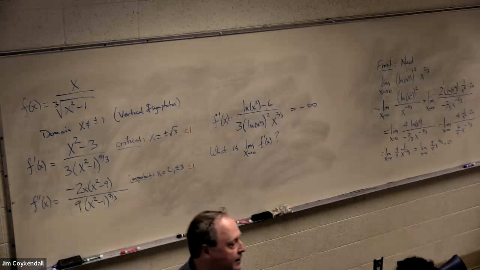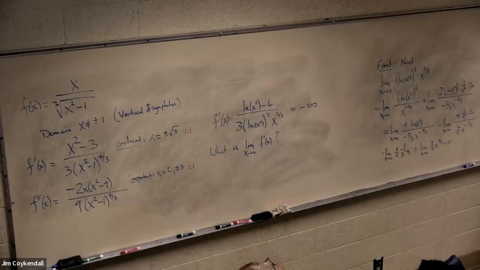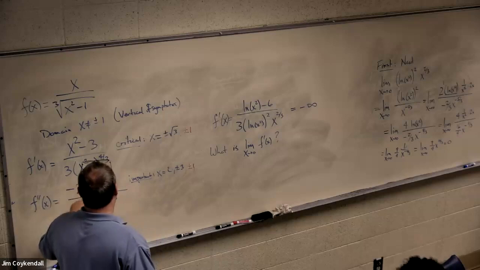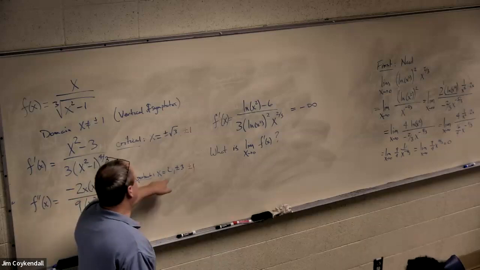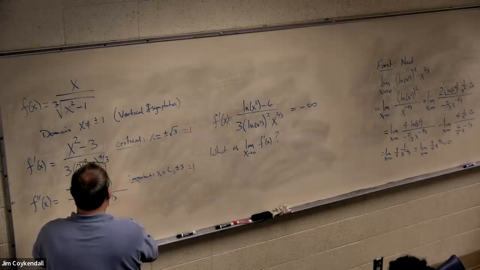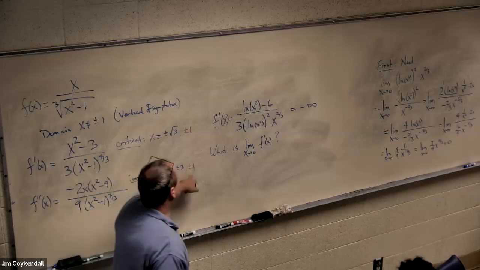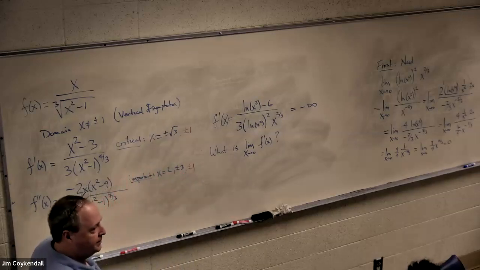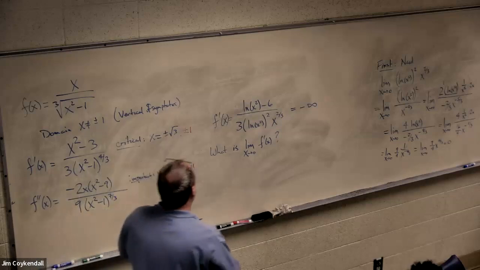So just to clarify, for the second derivative, the way you make it 0 is either this piece is 0, which means x is 0, this piece is 0, which is x is plus or minus 3, or the bottom is 0, plus or minus 1. Everybody clear on where all that came from?